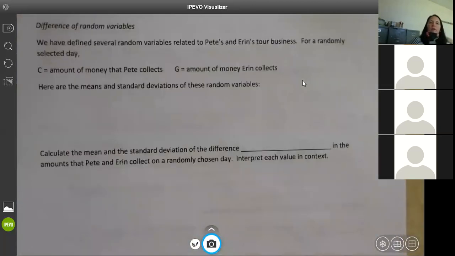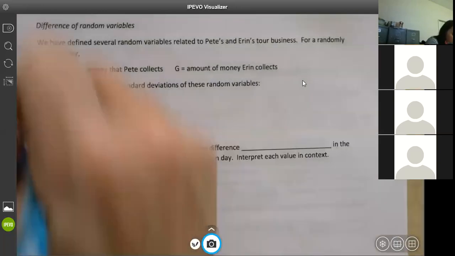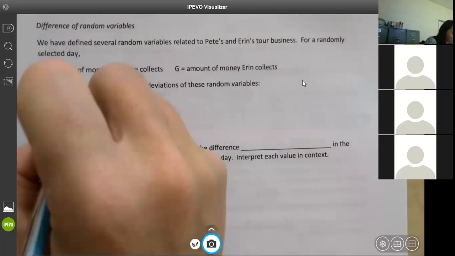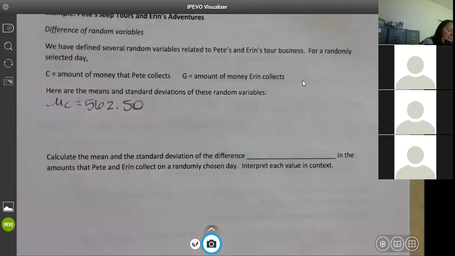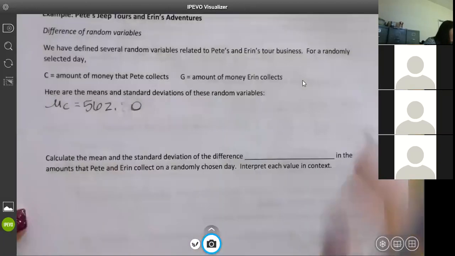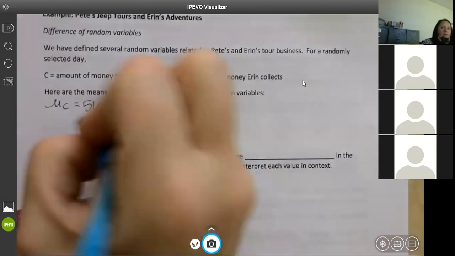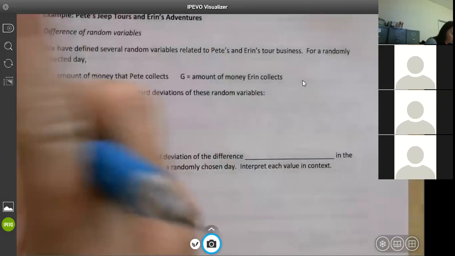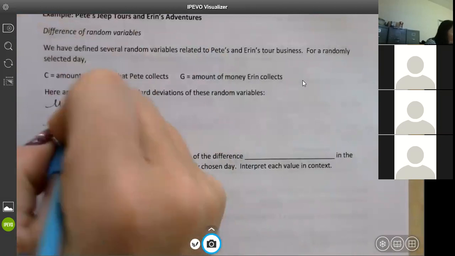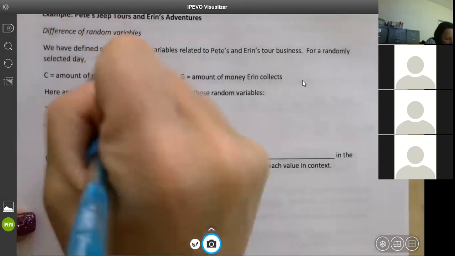So just to remember, we had C, the amount of money that Pete collects, and G, the amount of money Aaron collects. I'm going to reiterate what those were. Pete's mean amount of money he collected was $552.60, and his standard deviation was 163.46.